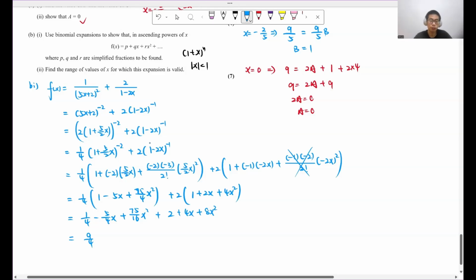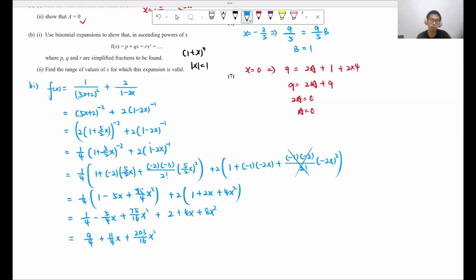And then negative 5/4 x plus 4x is just equal to 11/4 x. And then 75/16 plus 8 is 203/16 x squared. So that will be the final answer for part I.